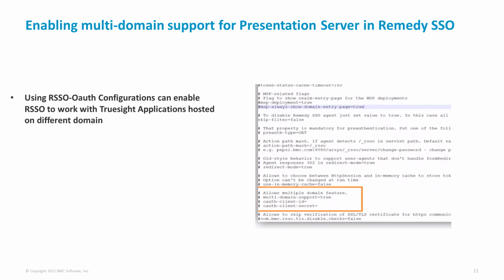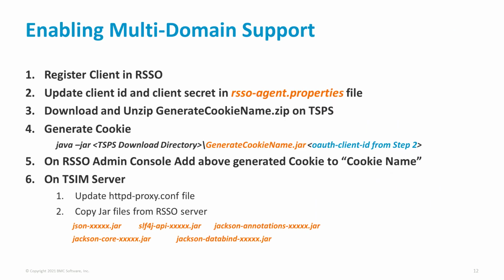As shown in the screenshot, in order to have multi-domain activated on your TrueSight server, you need to make a few changes in the RSSO agent.properties file. Here is the summary of steps you need to follow while configuring multi-domain support. You need to first configure OAuth in Remedy Single Sign-On Admin Console, where you can register the client.